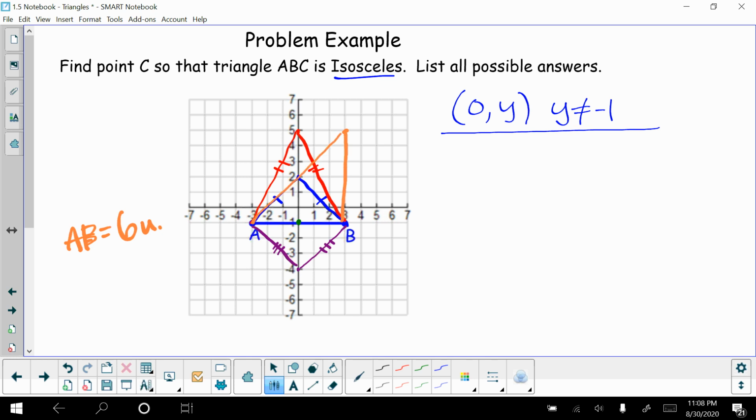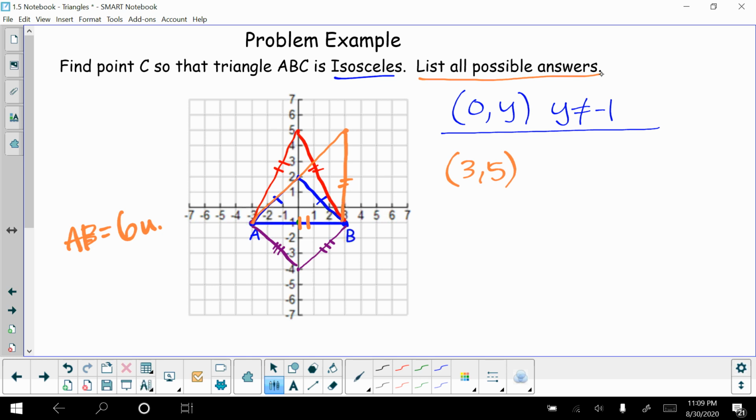I can connect it with this one, and now this side is congruent to that side. So this is a possible answer for C also. I'm going to write that one down too, which is clearly the coordinate 3, 5. So 3, 5 is also another answer for C, because we have to list all the possible answers.